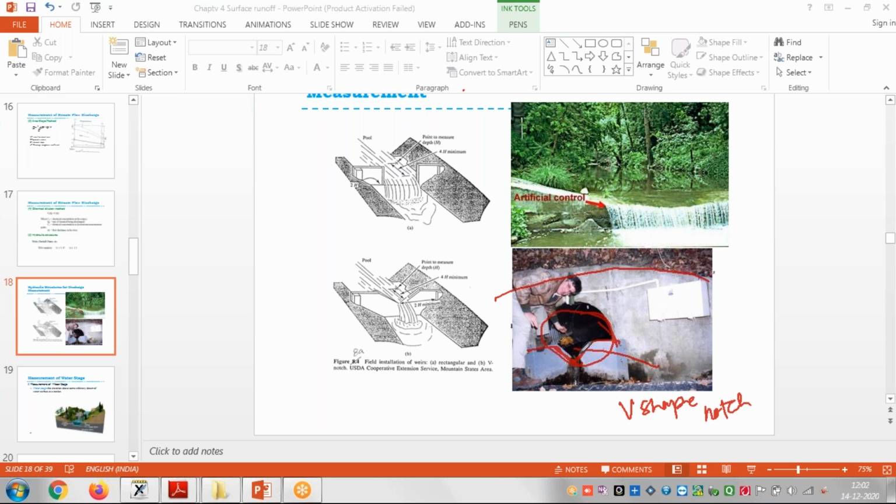So what they will do, they will measure the height of this. Suppose the water height is up to here from the bottom. This height is h, right? So they will calculate the height h and if they already know this theta, how much theta is, they will put the value in this formula here.